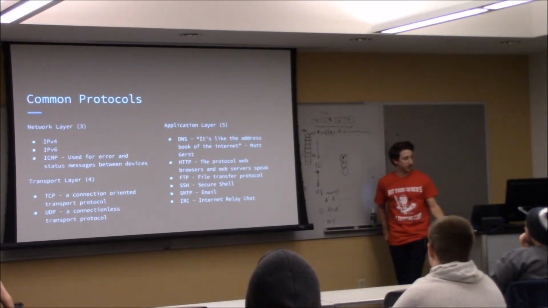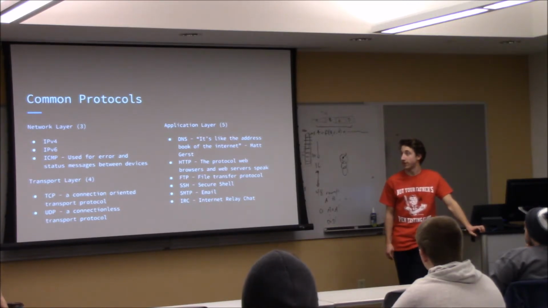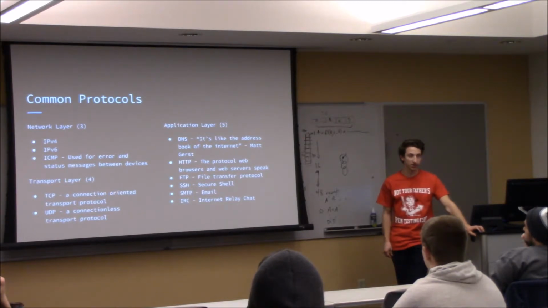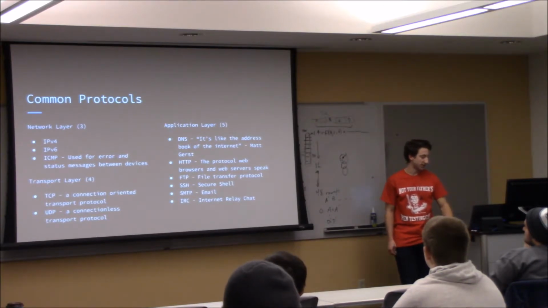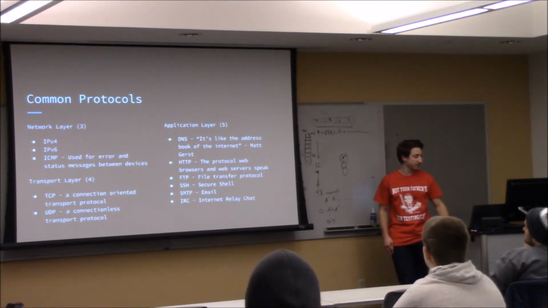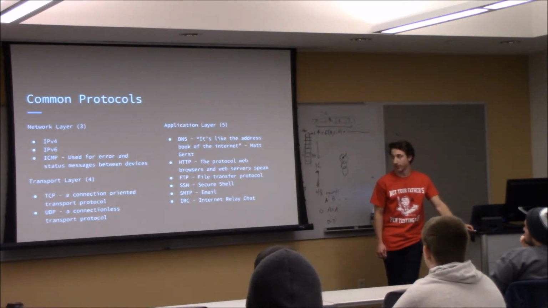Some common protocols that you'll see, going back to the OSI model at the beginning. In the network layer, there's IPv4 and IPv6, which I talked about a little bit ago. IPv4 is the one that's mainly still used. Another one is ICMP, which is used for errors and status messages between devices. The transport layer, which is another layer from the OSI model, has mainly TCP and UDP, which you may have heard of.